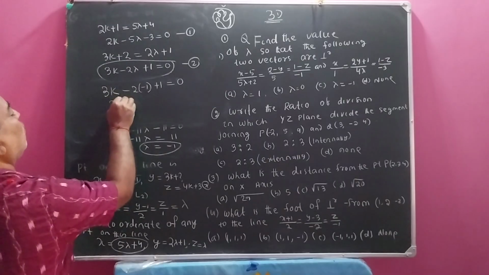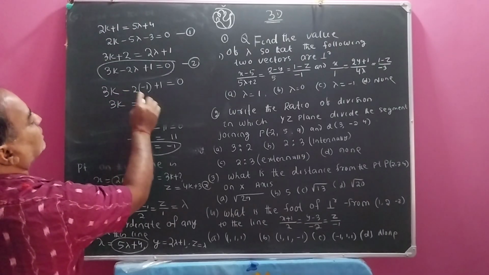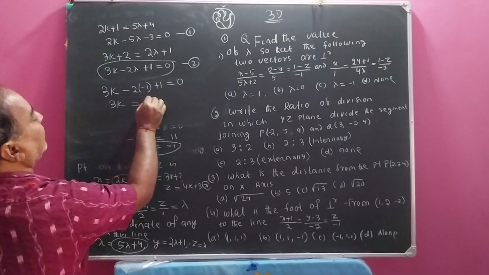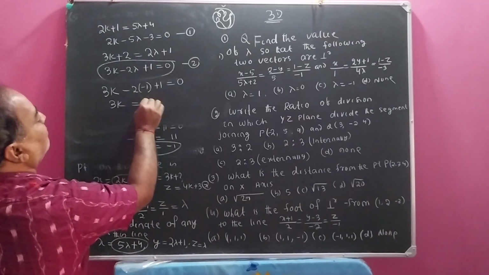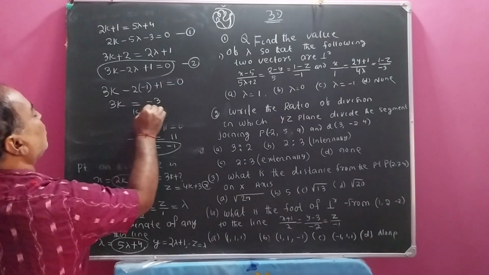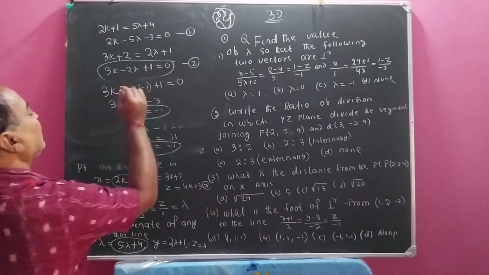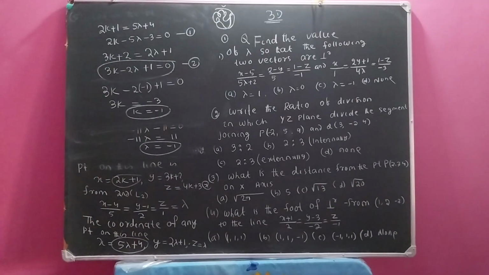So 3k is equal to minus 3, so k is also minus 1. Okay, k is found and lambda is also found.